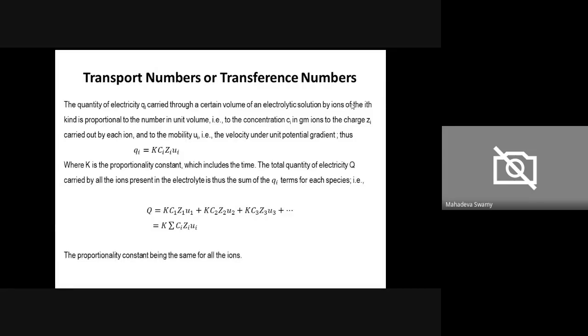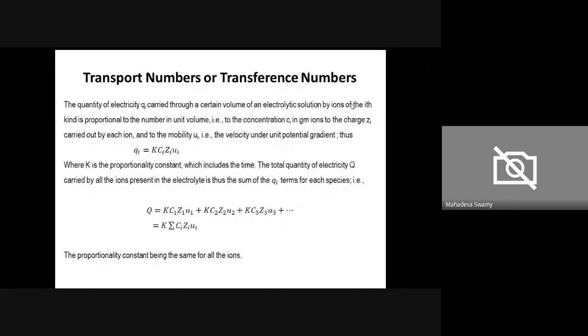That is, what that unit volume contains: the concentration Ci, because this is the ith kind, in gram ions, the charge Zi carried by each ion, and the mobility Ui, that is the velocity under unit potential gradient.